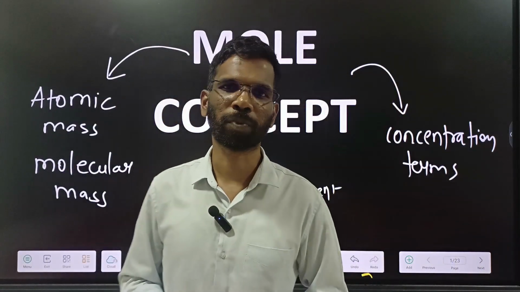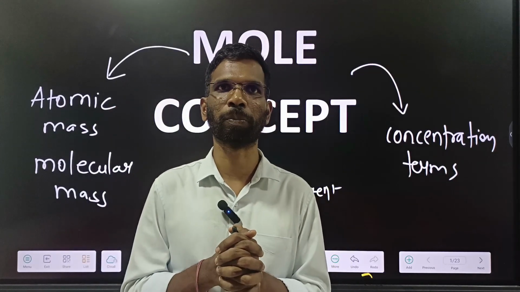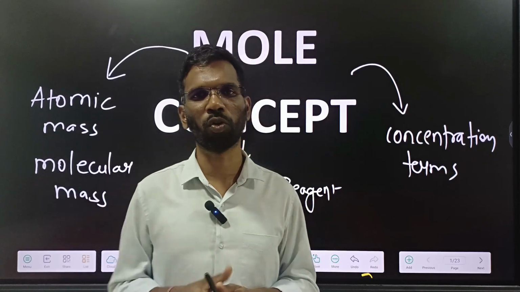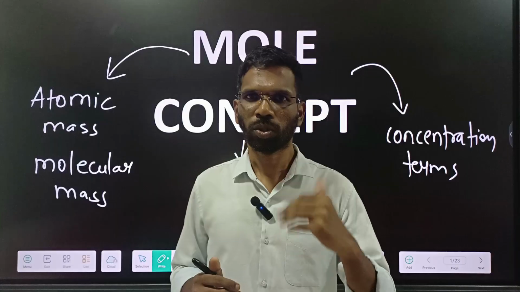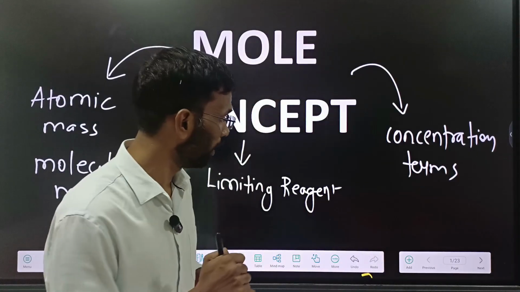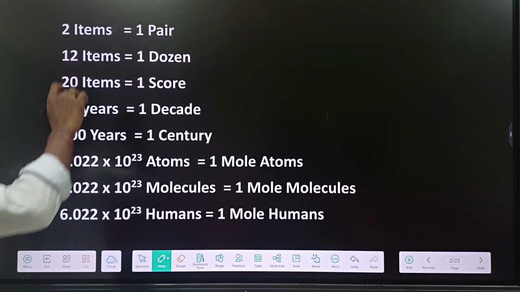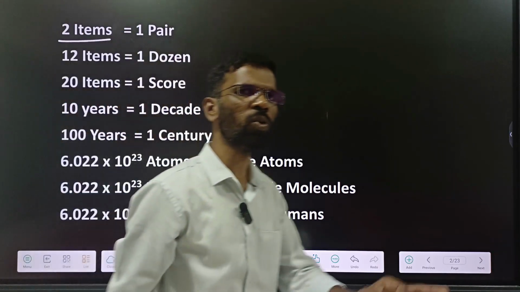What is the idea? When we have to count a very large number of atoms, we want to break it down to a smaller number. There are certain examples which you already know. Two items is equal to one pair.